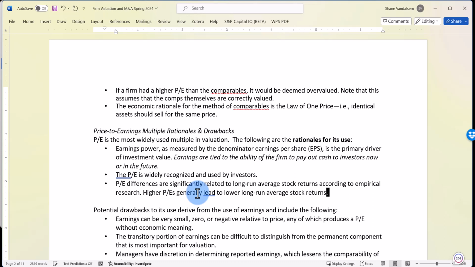So firms that have high PEs compared to other firms generally have lower long-run average stock returns compared to those other firms. That's not always the case, but it has been shown to be the case over most decades, with the exception of the decade from 2010 to 2020.